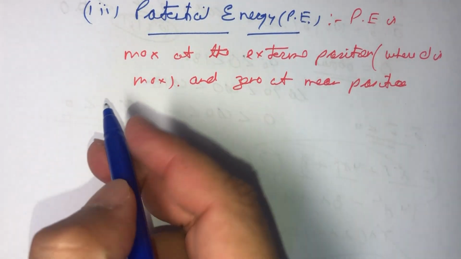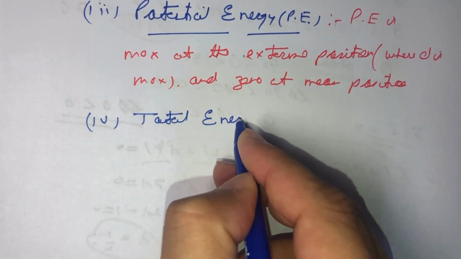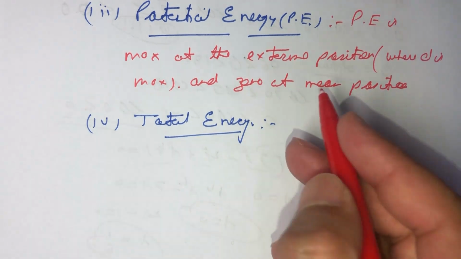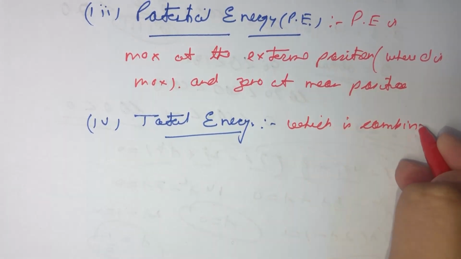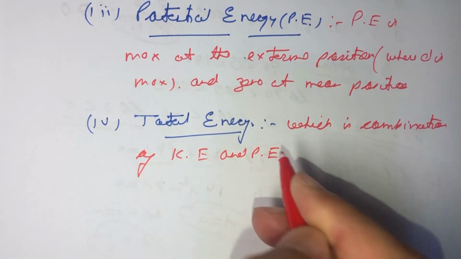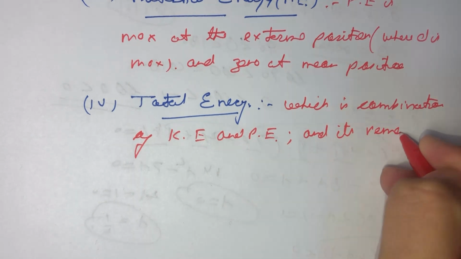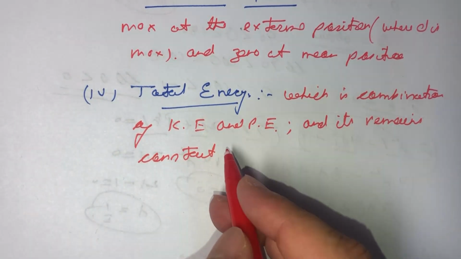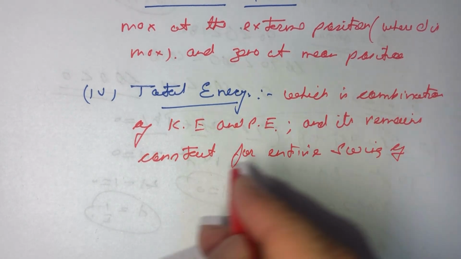And last is our total energy. Total energy, which is a combination of potential energy and kinetic energy, remains constant for the entire swing of the pendulum.